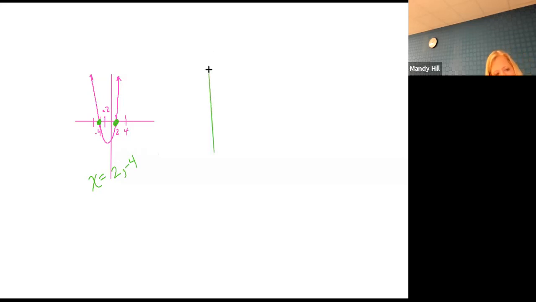Okay, so let's look at another one. Say I'm looking at a quadratic that does something more like this. This one's facing upside down.